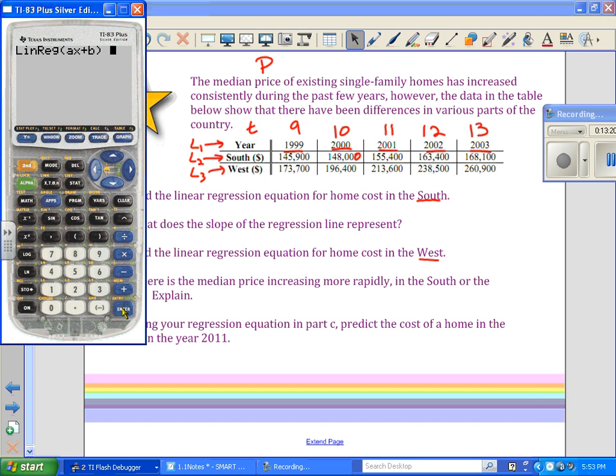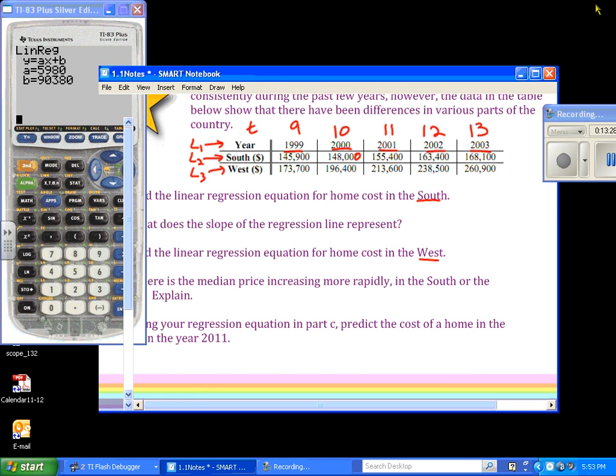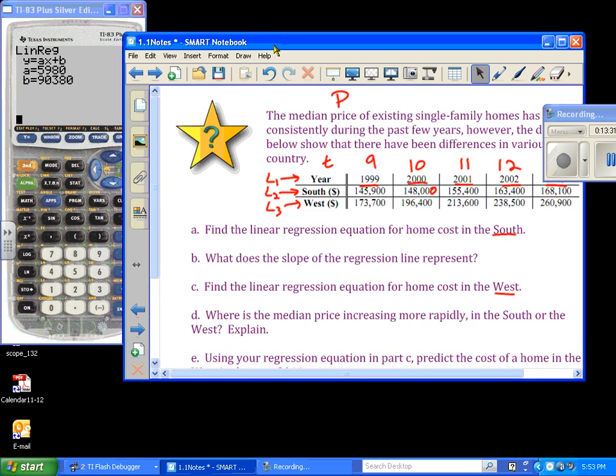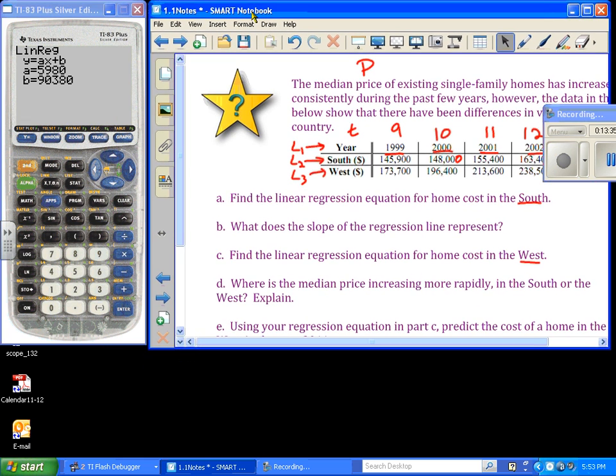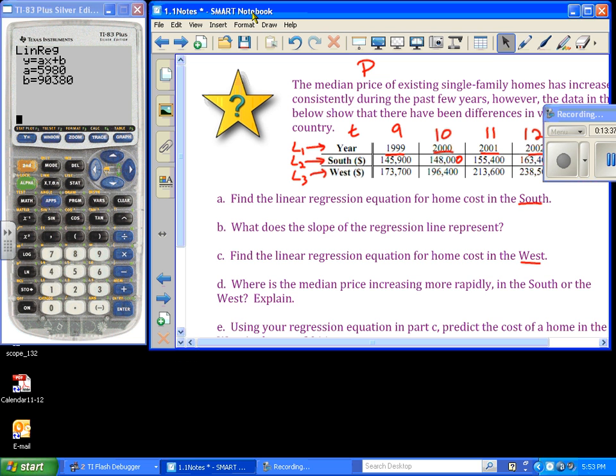So I just want a line, and I can just push enter, and I get this. Notice it comes out very, very nicely. I do not have my diagnostics on, so therefore I'm not getting my r and r squared. If you want to do that, we don't need to do it at this point, but you can just go to your catalog, go down to D, turn diagnostics on, and you will have your r and r squared.